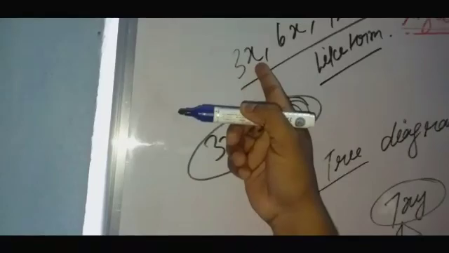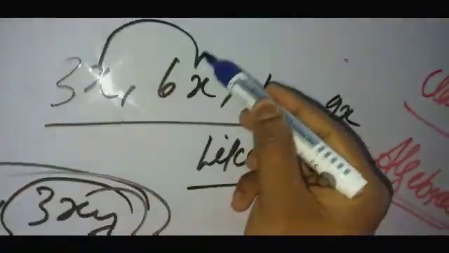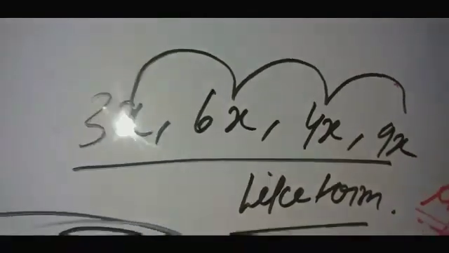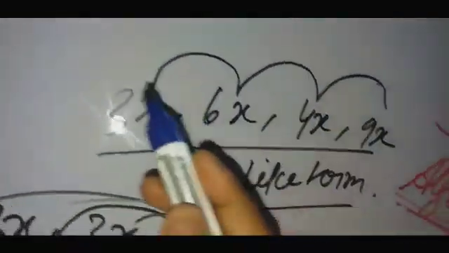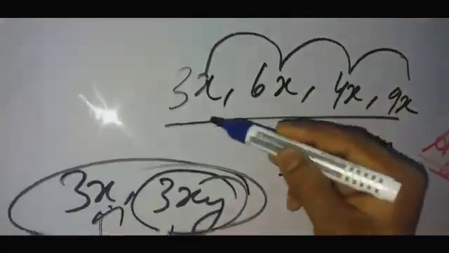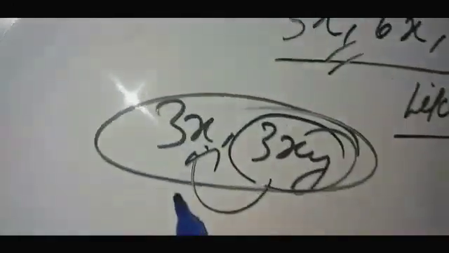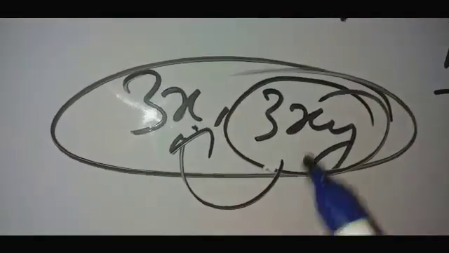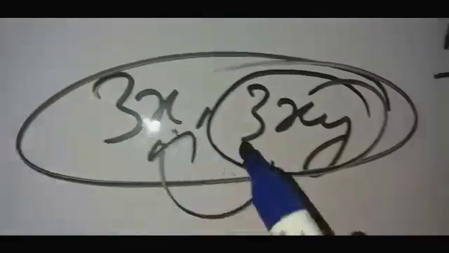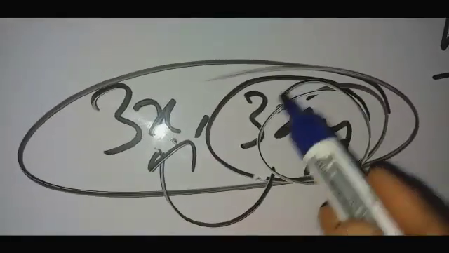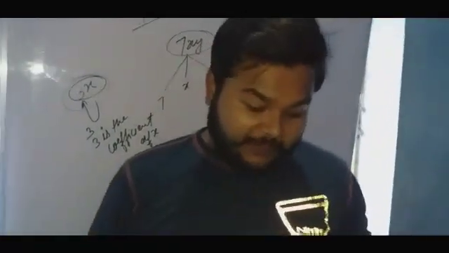Here 3x, 6x, both of the variables are same, they have same power, so they are like terms. In 3x and 3xy they are unlike terms because here x and here xy, different terms, so they are unlike terms.